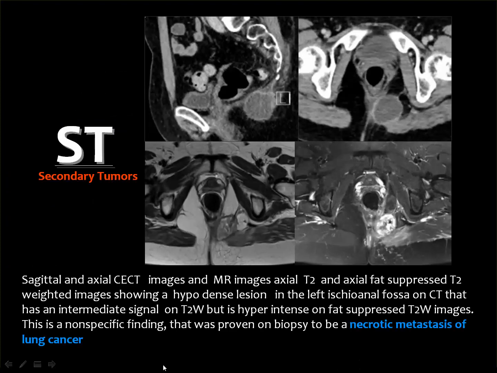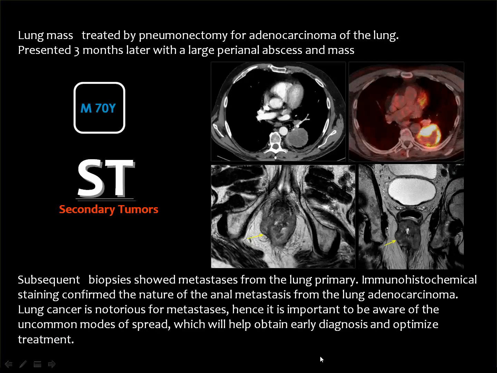And this is an example of a patient with lung cancer, and there is a mass in the ischioanal fossa intimately related to the anal canal, and it shows intermediate signal on the T2 weighted image, and in the T2 with fat suppression, you can see significant increase in the signal of the tumor, and this was a metastatic lung cancer.